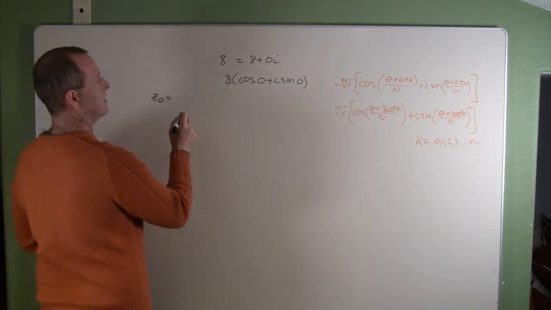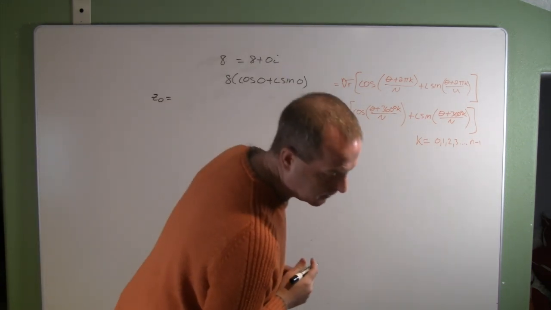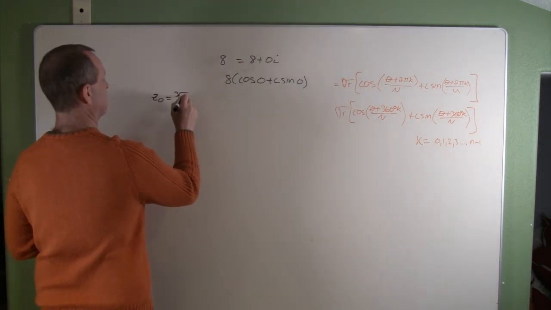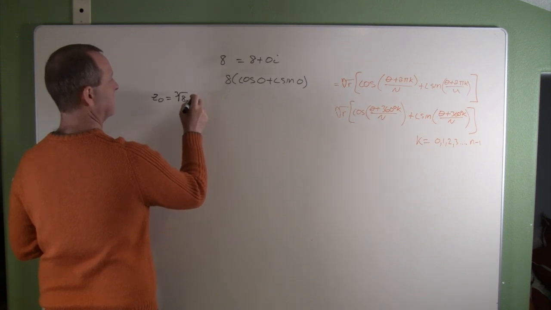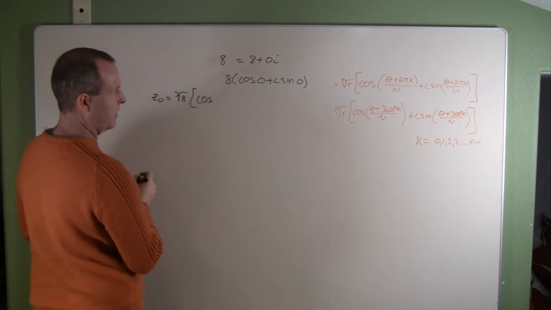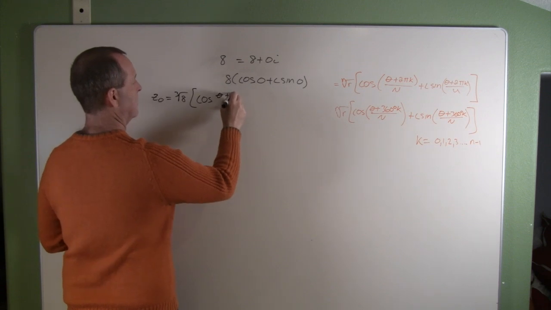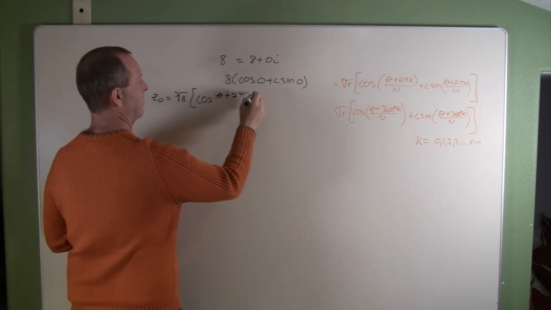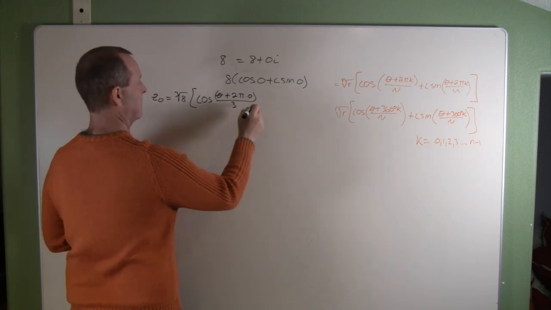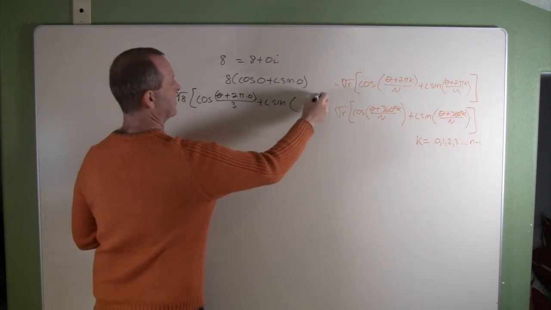Here n is 3, since the roots we're looking for are cube roots, so it's the cube root of 8 times the cosine of theta plus 2 pi times k, which was a 0, all over n, which was a 3, plus i sine of the same argument, since it just repeats itself.